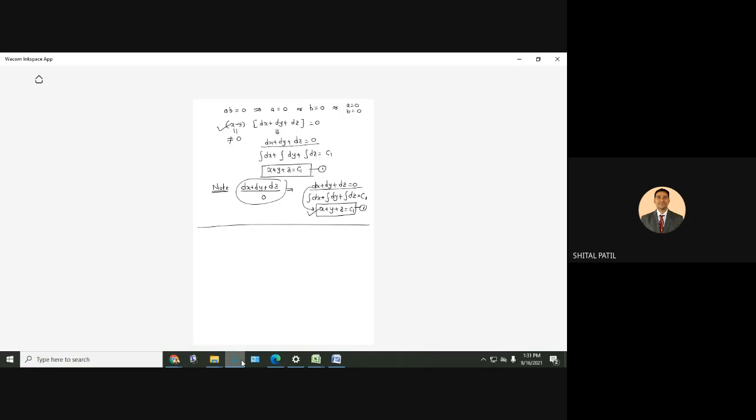We have to find one more multiplier. Suppose I consider 3, 3, 3. Check: multiply the denominator by 3, 3, 3 and see whether the addition is 0 or not. So 3 dx, then it will be 0, 3 times y minus z.